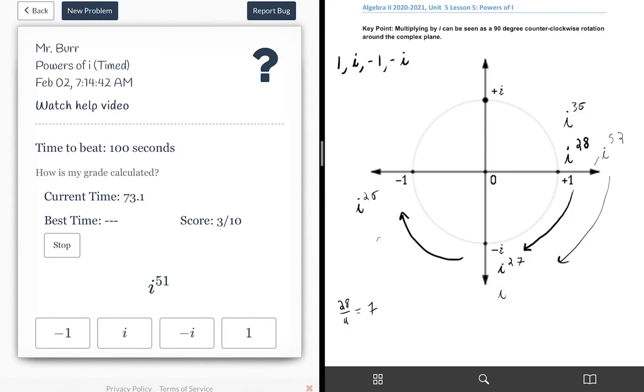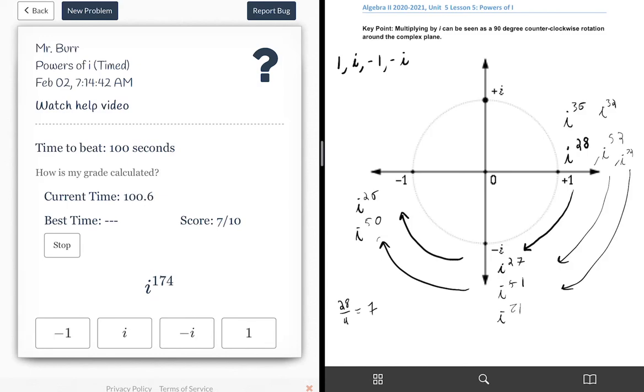So we're going to be right back here, and I to the 51st is going to be negative I. I to the 32nd, 32 is divisible by 4, so that'll be right here next to the 28. So that's going to be 1. The 50th will be 1 back from the 51st, so I to the 50th right here will be negative 1. The 71st, okay, well 72 is divisible by 4, so this is going to be 1 back here. I to the 71st is going to be at negative I.